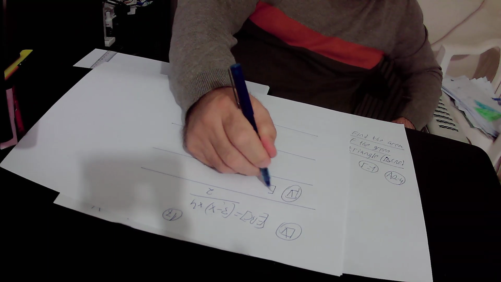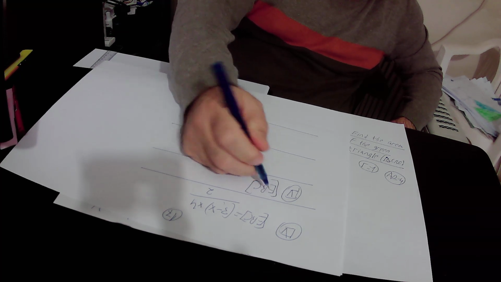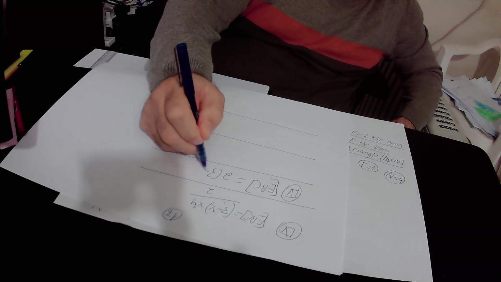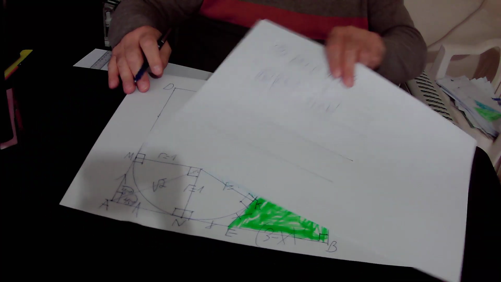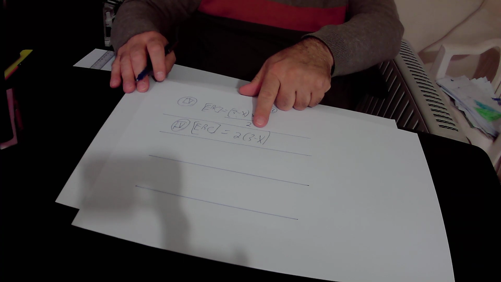So we will get that the area of the green right triangle EBC equals 2 times 3 minus x. According to equation number 4, the area equals 2 times 3 minus x.